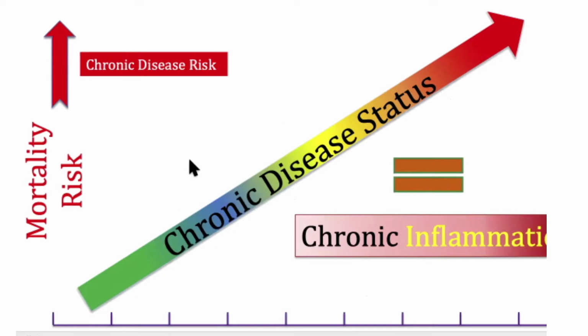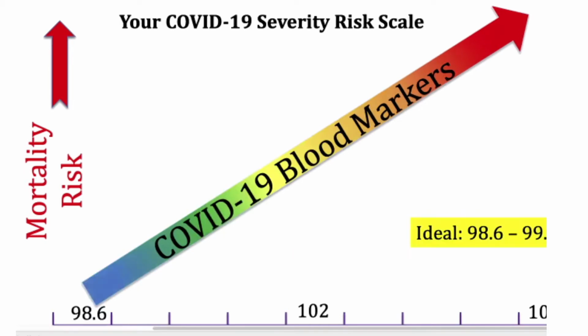What is your chronic disease status? And I have another slide where I show a line right here. And to the right of that line is disease. To the left of that line, you're healthy. But really, you're on a continuum. And the farther up the continuum you are, the higher risk you have of some kind of adverse chronic outcome. And COVID is no different whatsoever.